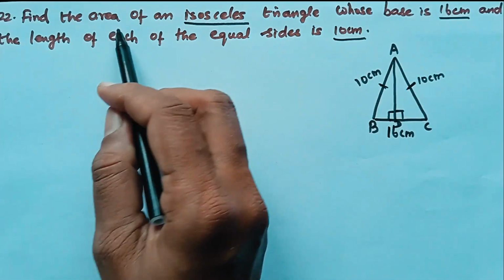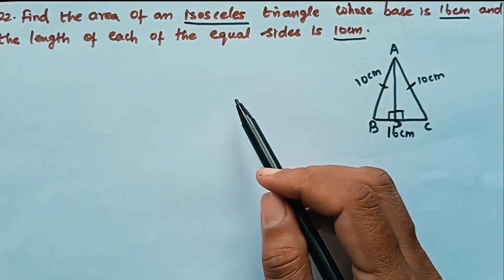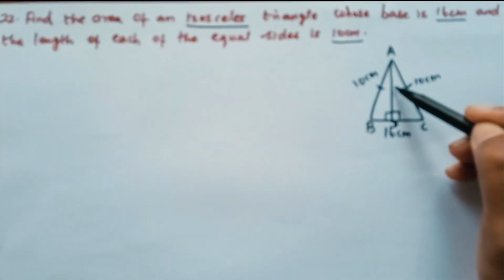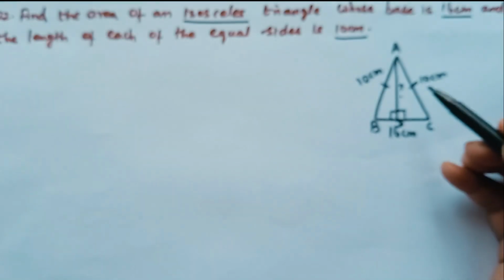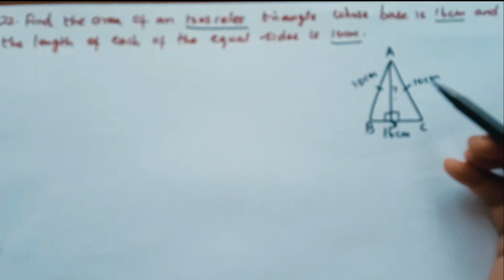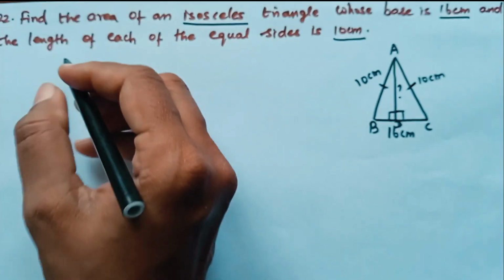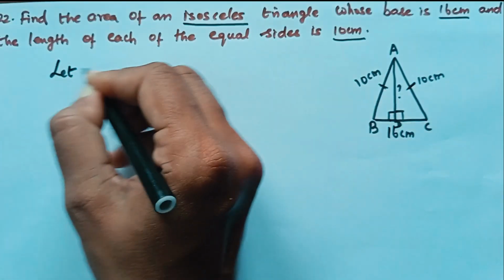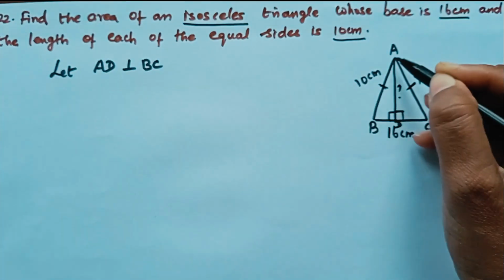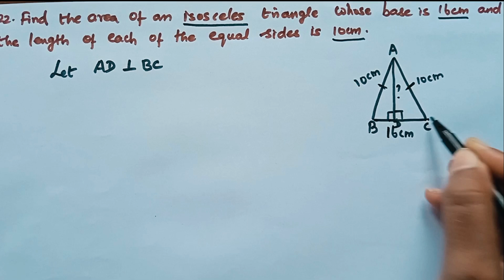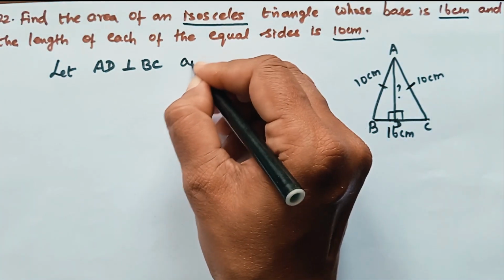To find the area, the formula is half into base into height. So we need to find this height, that is nothing but AD. We need to find AD, then only we will be able to find the area of the triangle. To find AD, let AD be perpendicular to BC. This AD is perpendicular to BC, right? And BD.